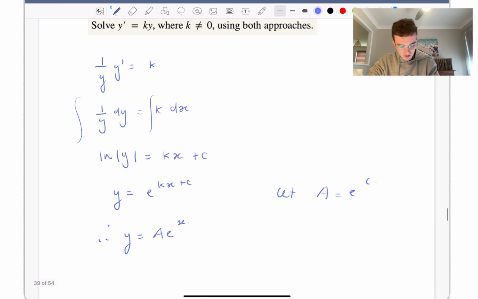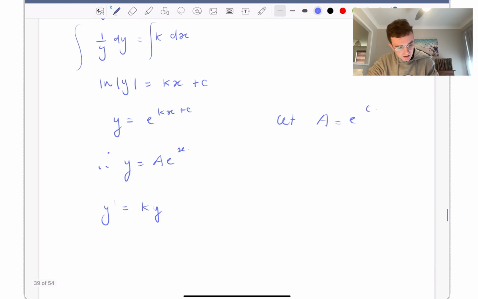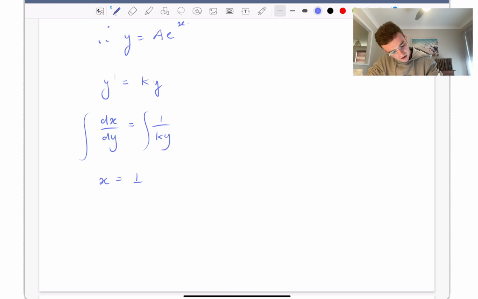Using the second method though, we're solving y dash is equal to ky. Let's check. Yep, ky. We're going to realise that this is dy/dx. Flip it upside down, we get dx/dy equals 1 on ky. Integrate both sides, we've got x is equal to 1 on k ln of y plus c.